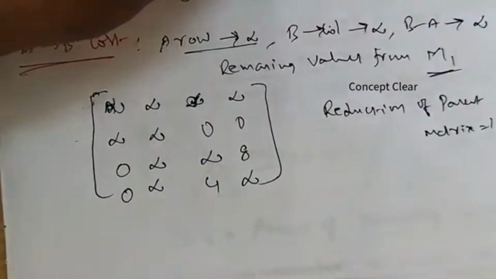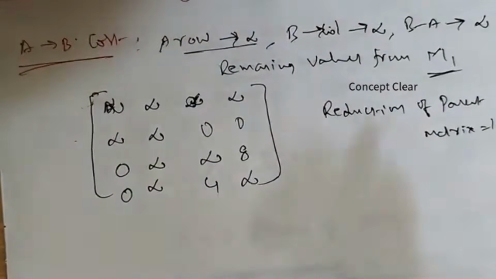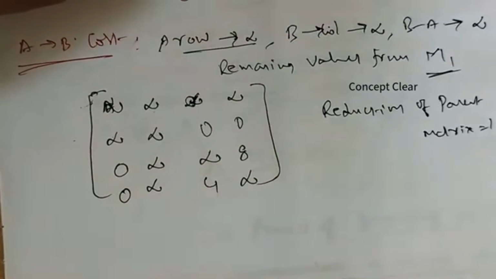How to reduce? We have to check every row and column. Previously in the parent matrix we reduced the row matrix and column matrix at a time. But here we have to check some conditions. What do we check?